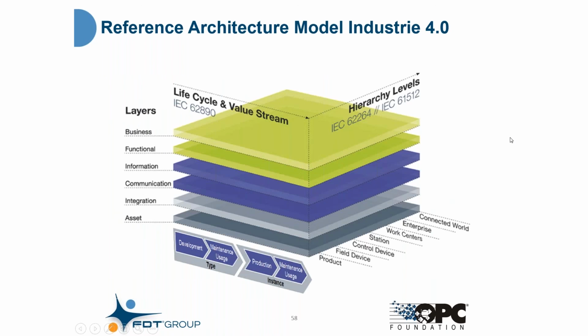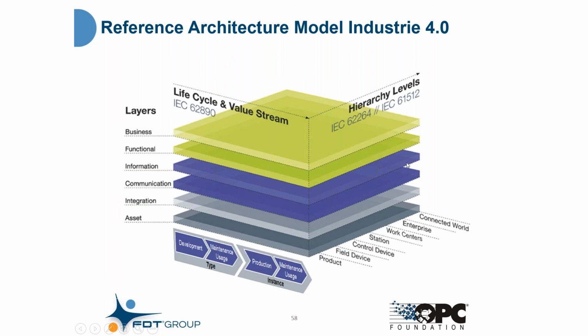So Stefan already introduced to you the reference architecture model for Industry 4.0. I just want to point out some specific axes to you. Here we have the axis for the hierarchy.